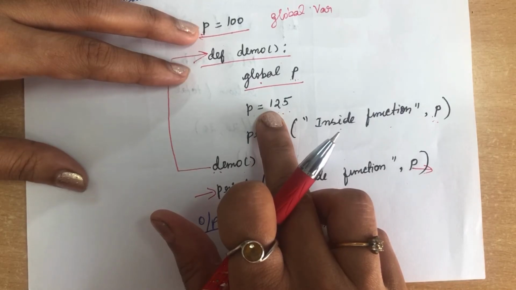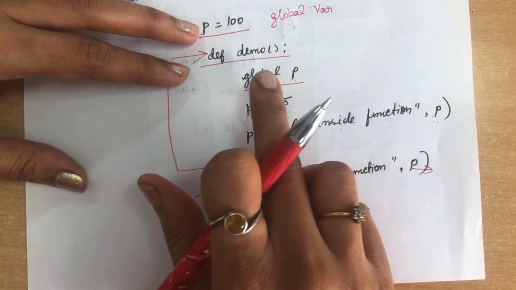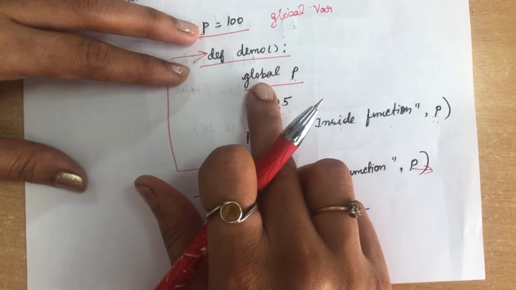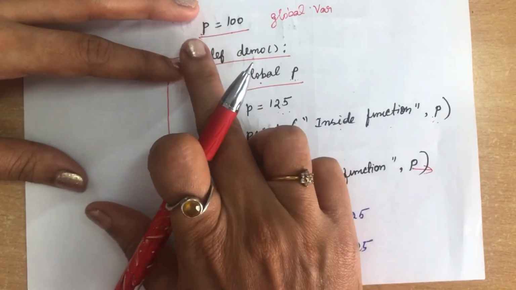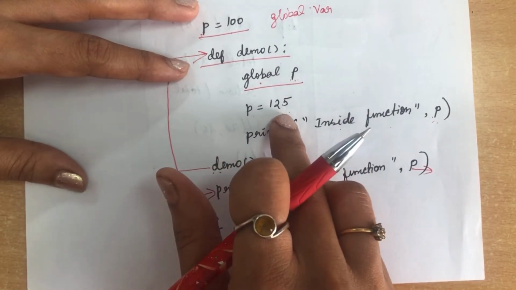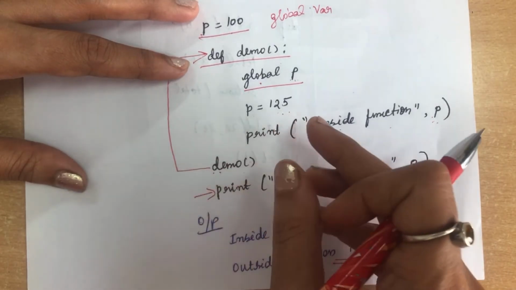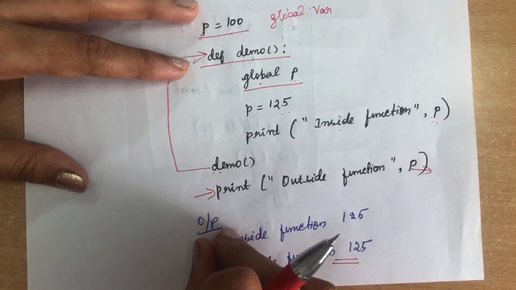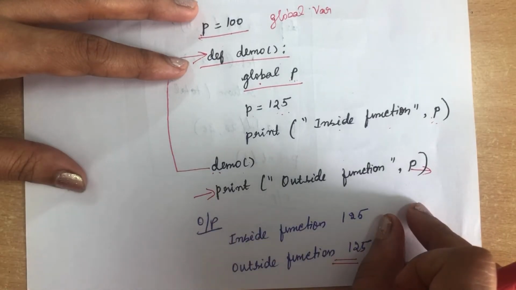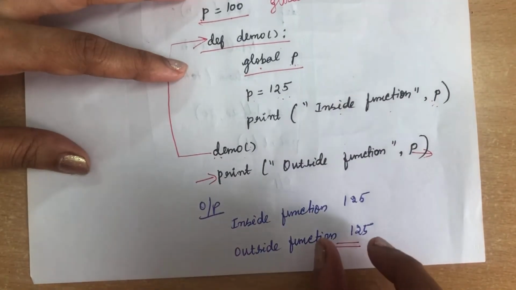So what happens? When you want to change the global variable inside the function, you have to use this statement. This statement says that I am going to change the value of the global variable. That is why I am mentioning global p inside the function. Once you make any updates to that global variable, it will also be updated outside. So when you print p, you will get the same value which has been updated inside your function, 125.